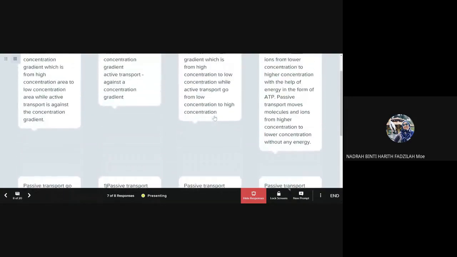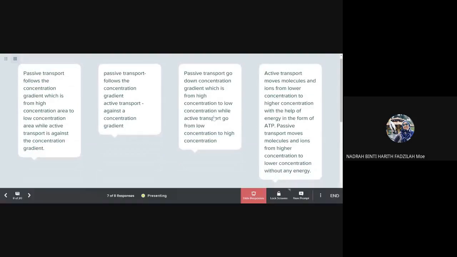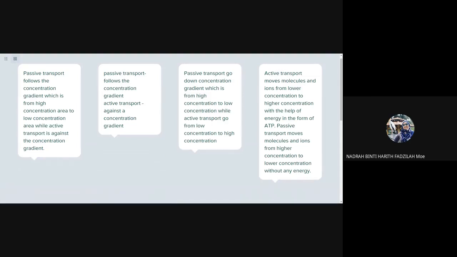So level 1, most of you sudah okay. Okay, siapkan dulu sebentar. Tak apa, no worries. Pelan-pelan buat. Yang penting kita faham.